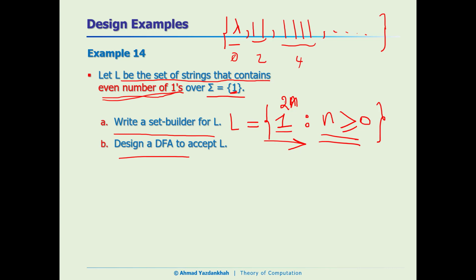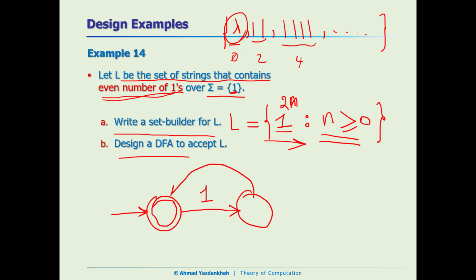Now let's design the DFA. All right. The lambda should be accepted, so we make the initial state an accepting state. And if we have one, it should be rejected, right? So we send it here, it should be rejected. But if we have another one, it should be accepted. So I return it back to here, right?